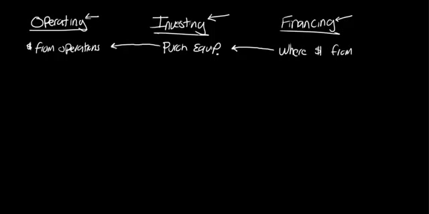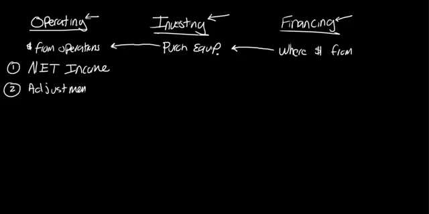One little point to think about here is that the operating section, when we prepare it, the first line item is always net income. Okay, so net income is always the starting point. The next line item is always going to be adjustments for non-cash expenses.